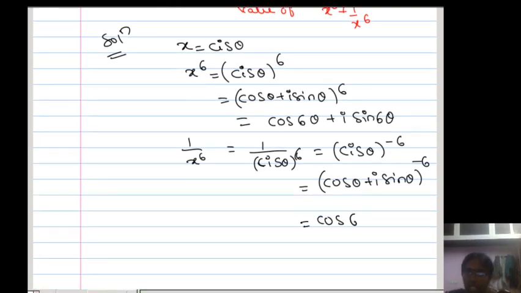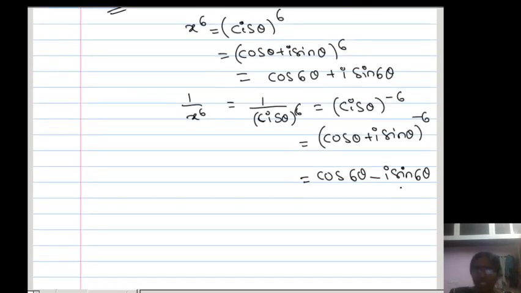Cos 6 theta minus i sin 6 theta, because for minus n the sign of sine is minus. Already we discussed this note point. You can go through the previous sessions so you can understand that (cos theta plus i sin theta) for minus n is equal to cos n theta minus i sin n theta. So by using that I can get this. So now take LHS, x power 6 plus 1 by x power 6 is equal to, adding these two things, cos 6 theta plus i sin 6 theta.